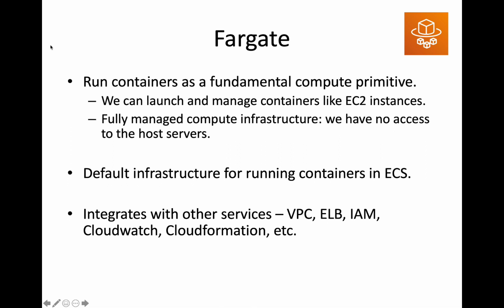And one of the other nice things about Fargate is that it integrates really nicely with a number of other AWS services like VPCs, application load balancers, CloudWatch, and of course you can use CloudFormation to build out your cluster and containers in Fargate.